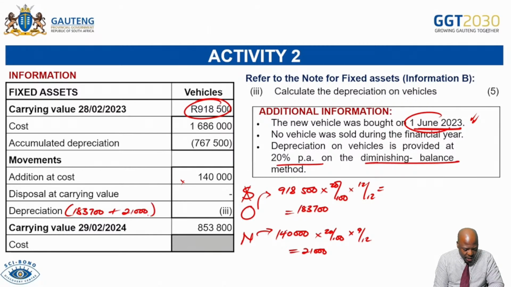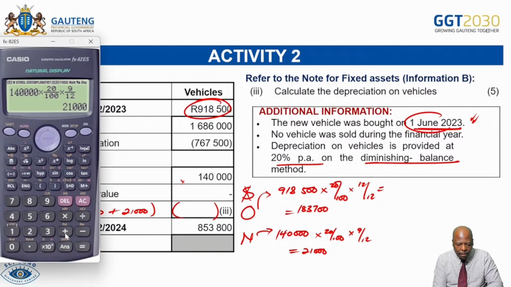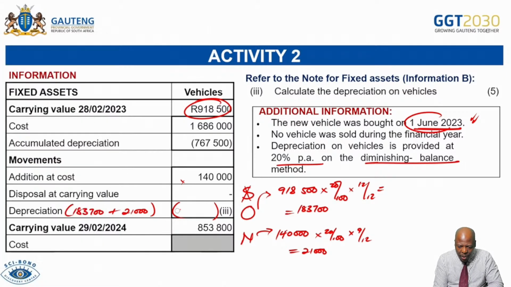So it's 183,700 plus 21,000. That's going to give us our depreciation for the year. 21,000 plus 183,700 becomes 204,700. As simple as that.